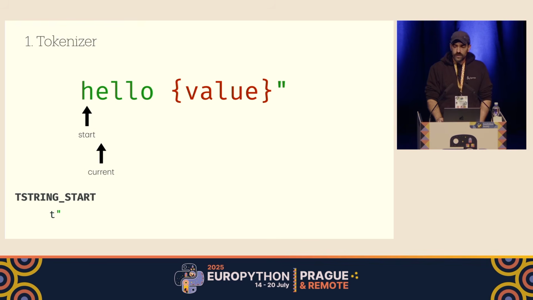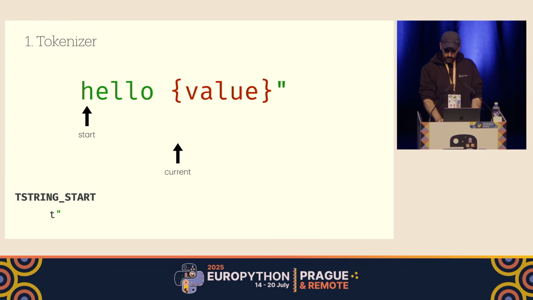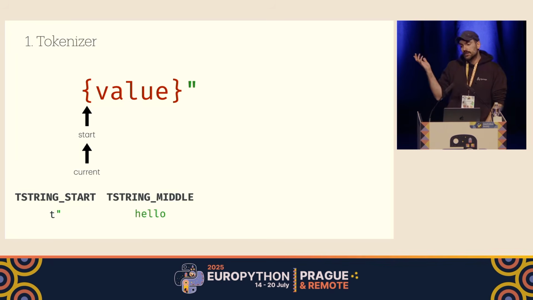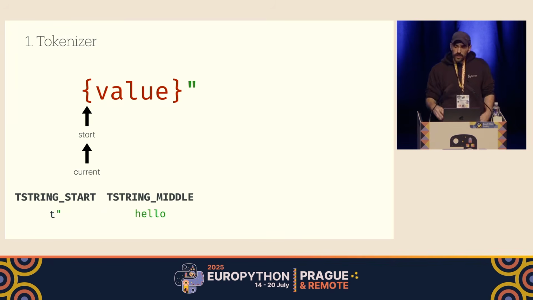So the next step is, for example, hello. This is a token we call t-string middle. And then it goes into another mode where, when it sees a brace, it knows that what we had up until now was the static part of the string. Now we need to go into tokenizing actual Python syntax.